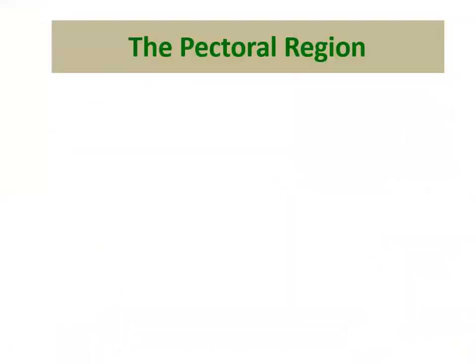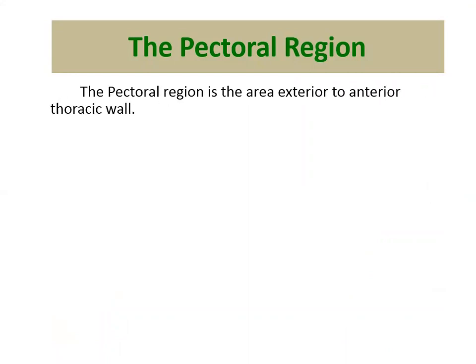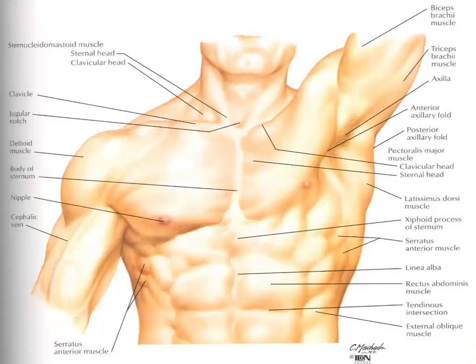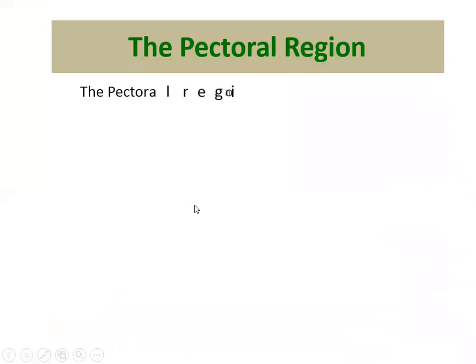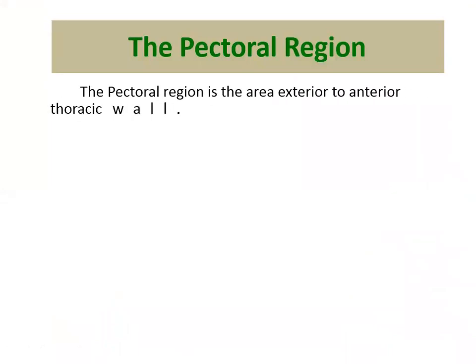So when we study the pectoral region, we should know this is the area which is exterior to the anterior thoracic wall, as you saw in the picture. What is the thoracic wall? It is the bony structure made up of the ribs as well as the sternum in the front and vertebrae behind.